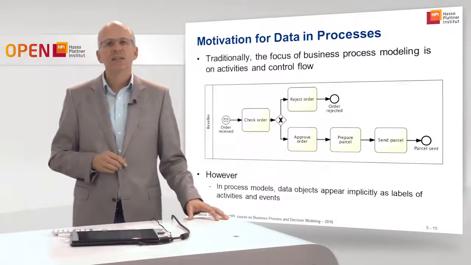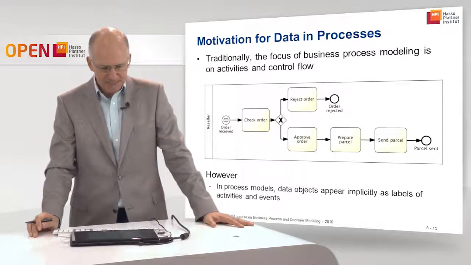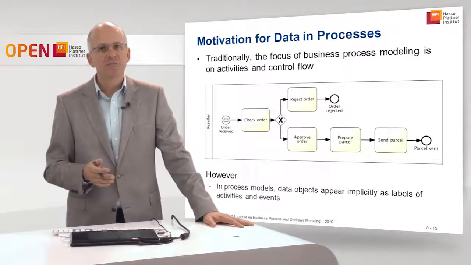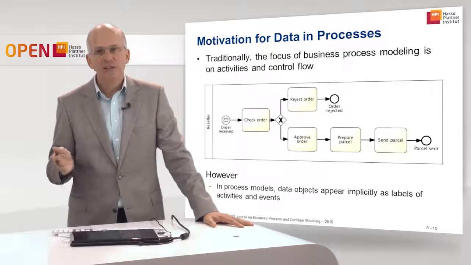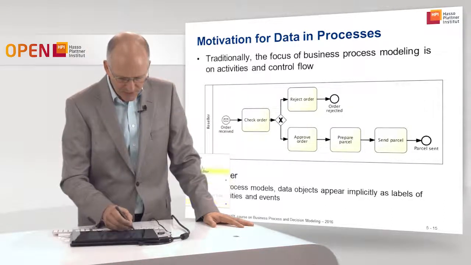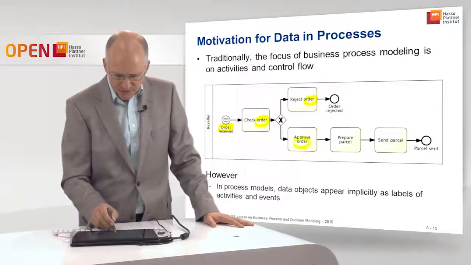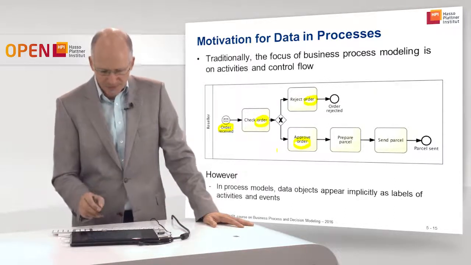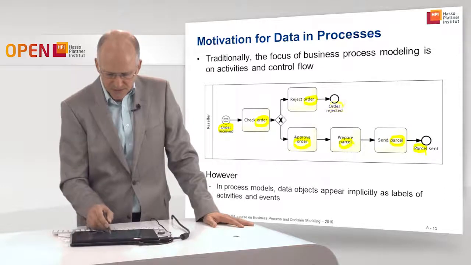If we look at this example, on the one hand, we see quite nicely that we, of course, have the business process model with just the activities, the gateway, and events. We don't have data objects. But if we look carefully at the labels here, we see that we have an order here, we have check order, reject order, another appearance of the term order, and here we have the term parcel, and again the parcel, and here again the parcel, and here the order.